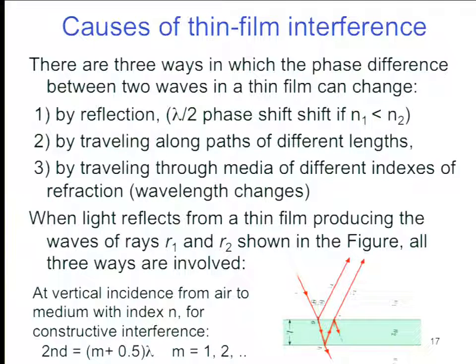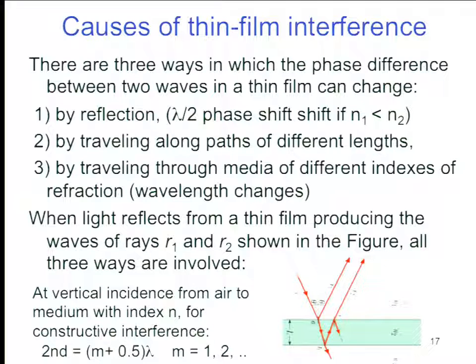The tricky part here is that you have to figure out the phase shifts. The phase shifts occur for several reasons. One, because the light is traveling through a longer distance. The other thing is traveling through a different medium, and so its speed changes, and so its wavelength changes. So you have to count the number of wavelengths that it's traveled before it recombines with the initial wave.